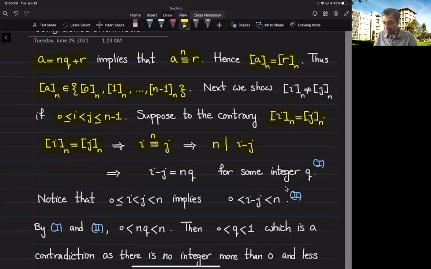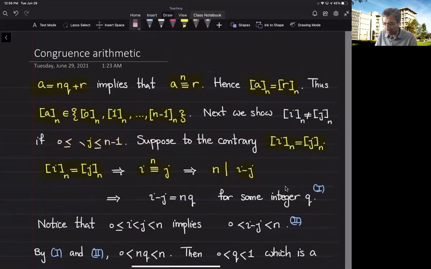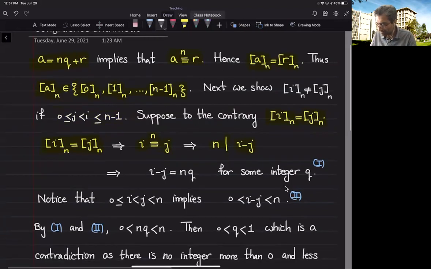Here, maybe I flip their order. It doesn't matter for us, so let's flip their order. So I'm assuming that j is strictly less than i. That's better. Now, knowing that n divides i minus j means that i minus j is an integer multiple of n, nq, where q is an integer.